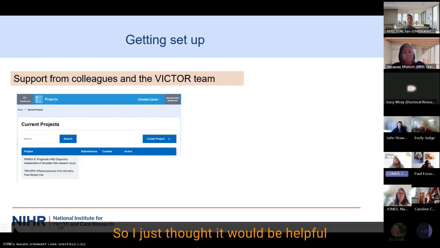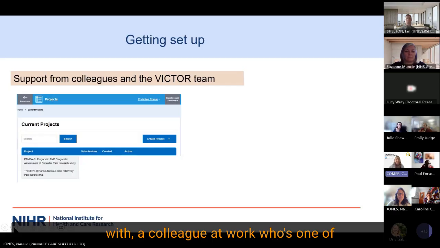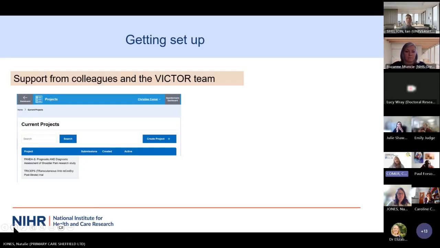So I just thought it would be helpful to talk a little bit about how we got started, and that setting up process. And Nat's already showed you the platform and what it looks like. And just to share that it's really easy to use. So I'm a bit of a digital dinosaur, but even I managed to get it set up. Admittedly, I did do it in conjunction with a colleague at work who's one of our amazing occupational therapists.